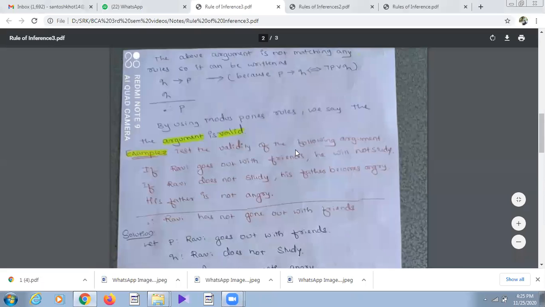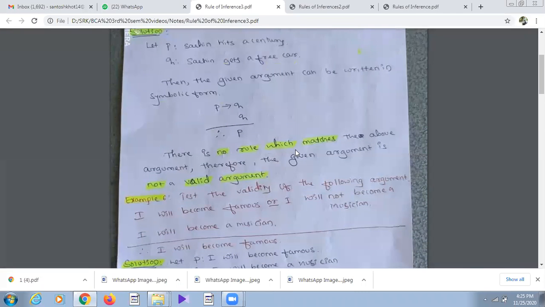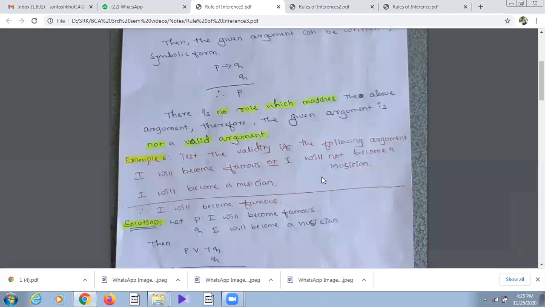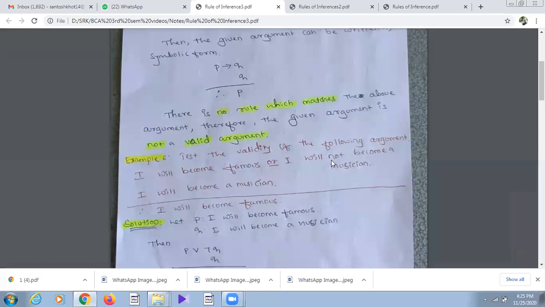Sir, in the previous problem, why did you take not? You already told us not we have to take. Which one? Here. See, whenever not is there in the argument, you have to check whether its opposite sentence is there in the argument. If it is there, then you should not take this sentence as a primary statement.